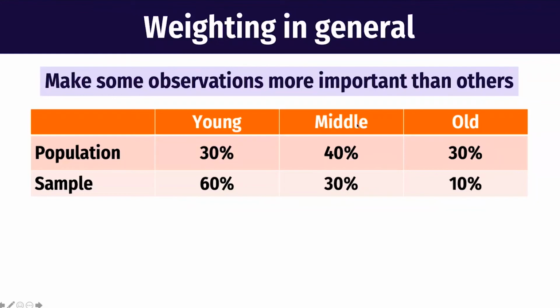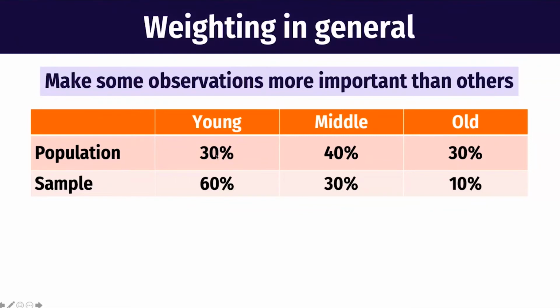And you do a survey, and you find that 60% of your sample is young, and only 10% are old. You could just give up and say, oh no, this doesn't match the population, or you can reweight these things. You can make the young respondents be less important, and you can make the old respondents be more important, because there are more old people in the world than you picked up, and fewer young people.